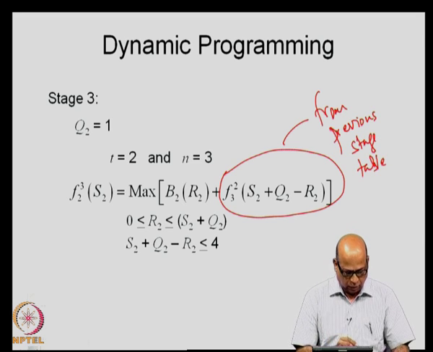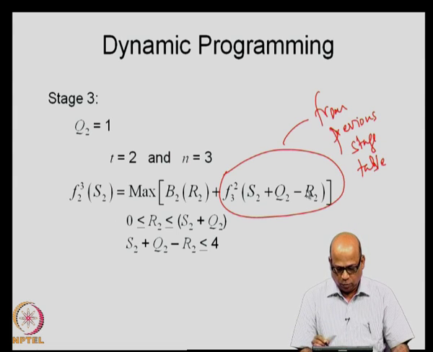So, starting with S2, making a release of R2 for a given Q2, we obtain S2 plus Q2 minus R2 as the storage at the beginning of the next time period t is equal to 3, and associated with that we have solved already.